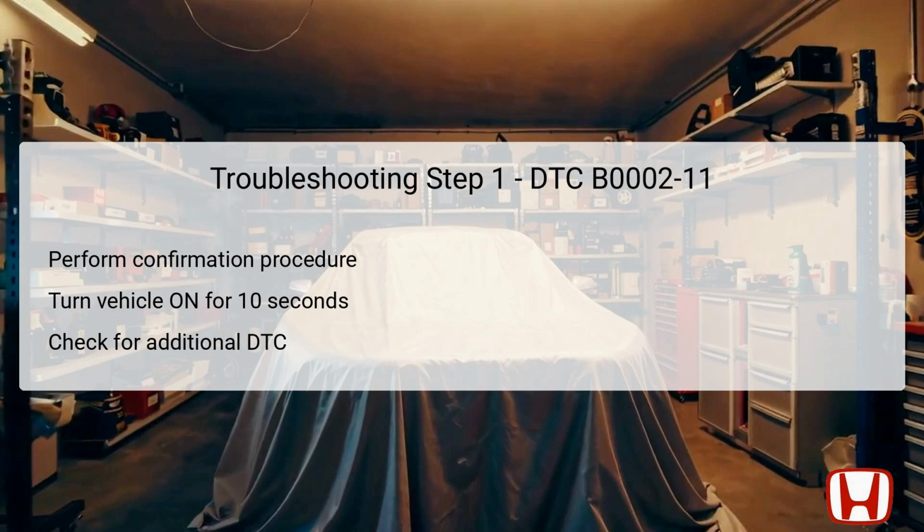The first step in troubleshooting DTC B0002-11 involves performing a confirmation procedure. This process necessitates turning the vehicle to the on mode and waiting for a period of 10 seconds. During this time, the SRS unit runs a self-check to determine if any new or existing diagnostic trouble codes, DTCs, will be indicated.